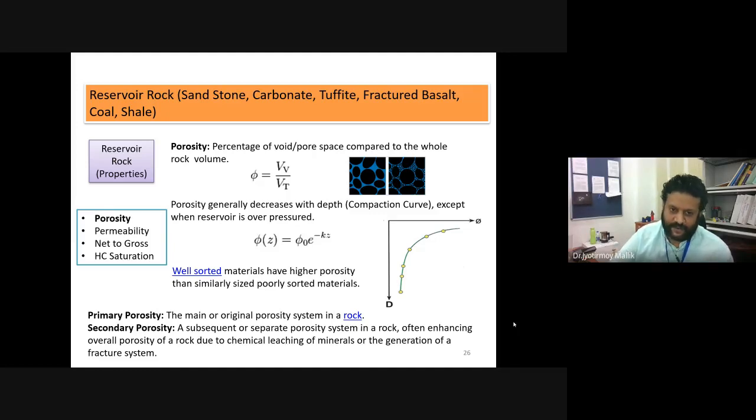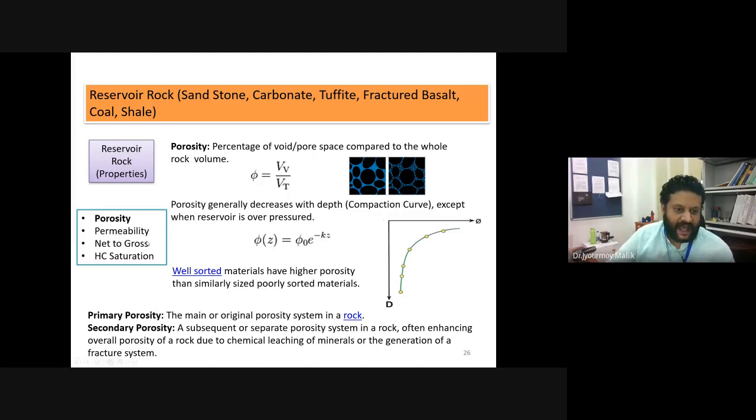Porosity decreases with depth. Well sorted sandstone has better porosity. Porosities are of two types, primary and secondary. Primary is the original porosity present in the rock, and the secondary porosity is the imposed porosity by means of karstification or generation of fractures.